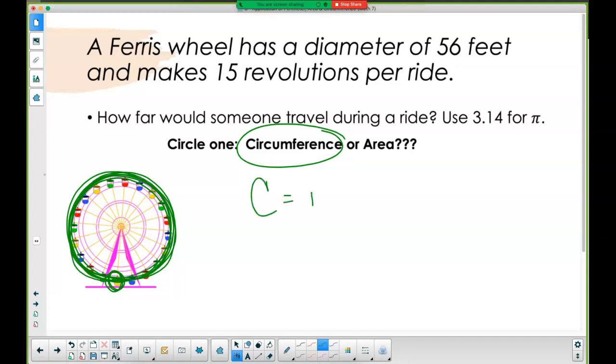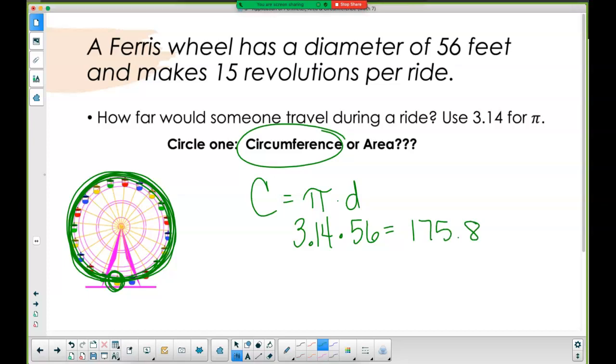You're traveling around the outside, which is the circumference. So C equals pi times diameter. Start with our formula. Pi is 3.14. Do we know the diameter? Krista? 56. So we do our multiplying. 3.14 times 56. I got 175.8.